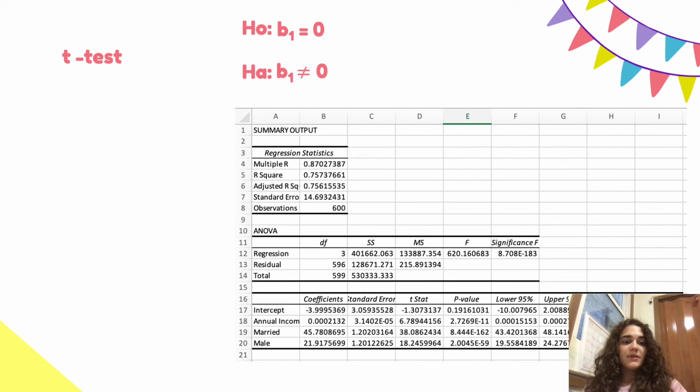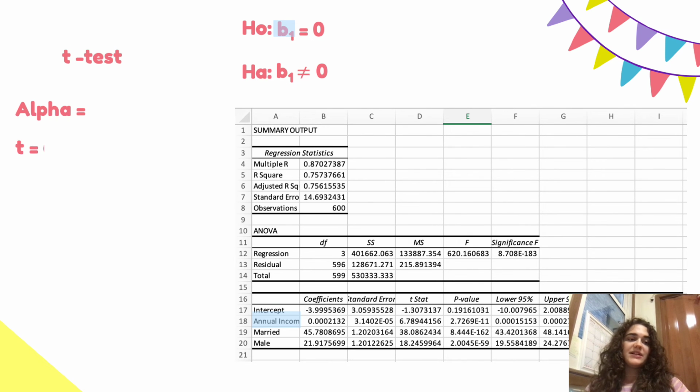In this problem, our b1 is equal to annual income, and just like in the f-test, we're going to need to find alpha, but in this case, we need to find t-values as well as p-values. So alpha is 0.05, we already knew this, and our t-value can be found under the t-stat section of annual income. This value comes out to be 6.7894.